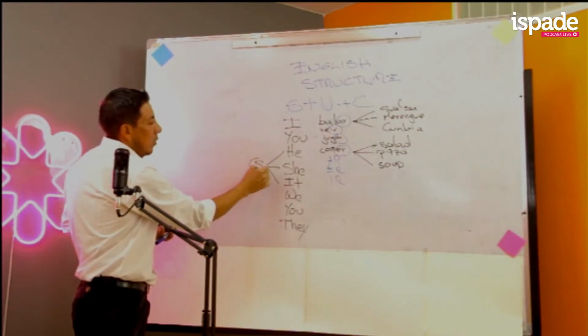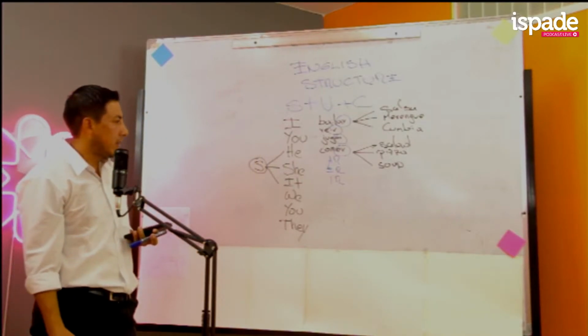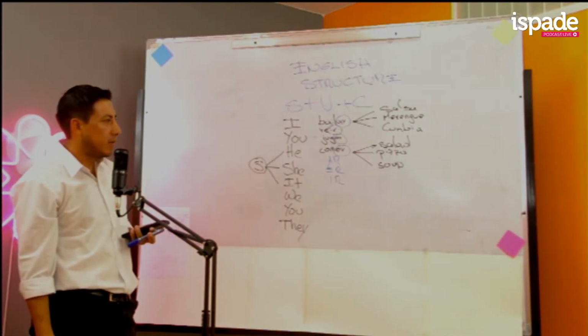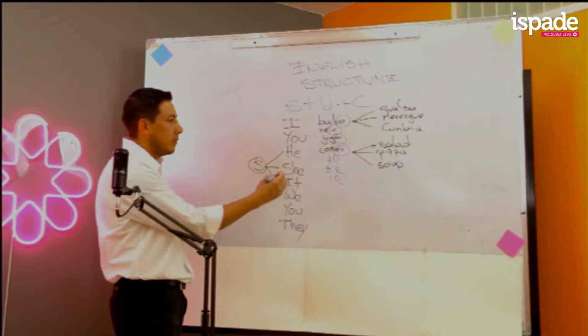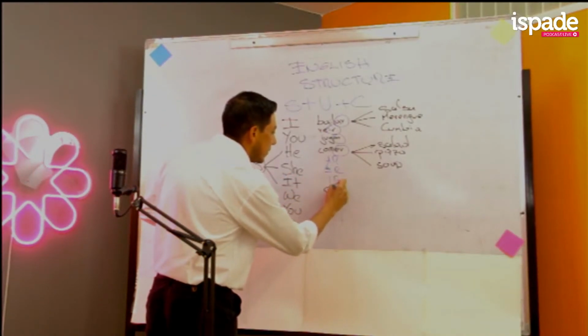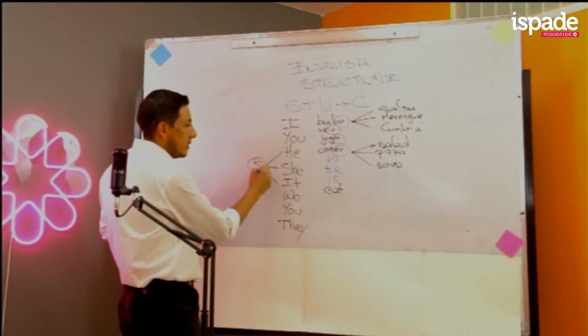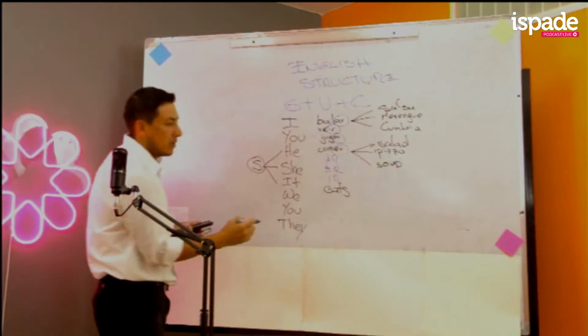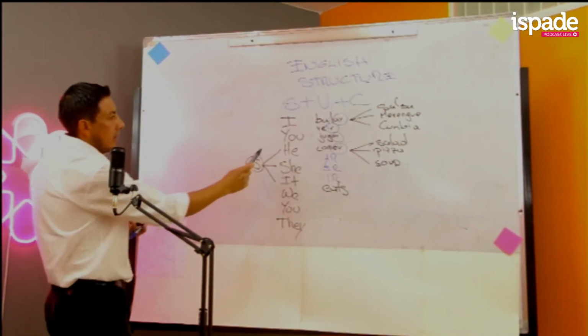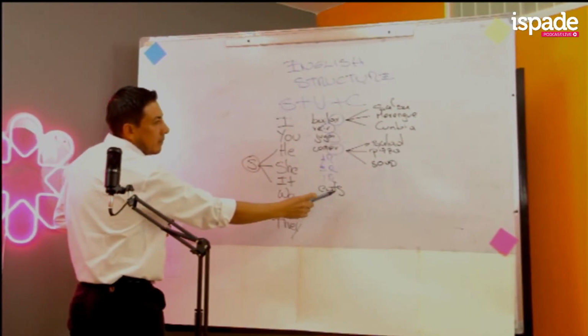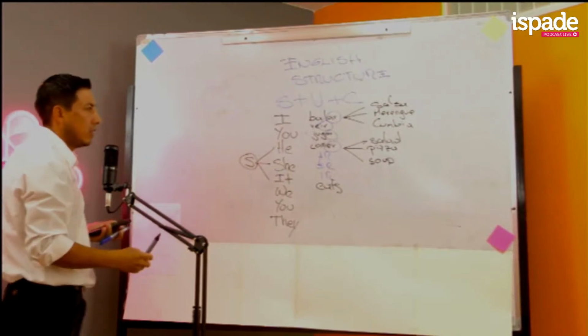And we had to add a letter S at the end of the verb. For example, comer means eats. Eat plus the S, eats. So, for example, I can say, I eat salad. You eat pizza.